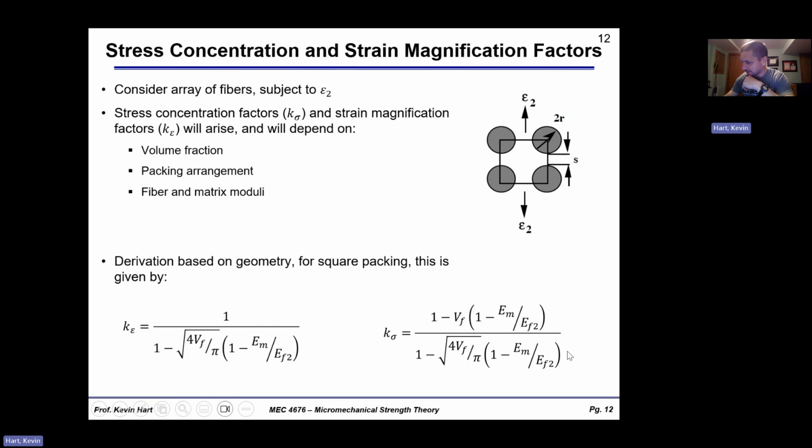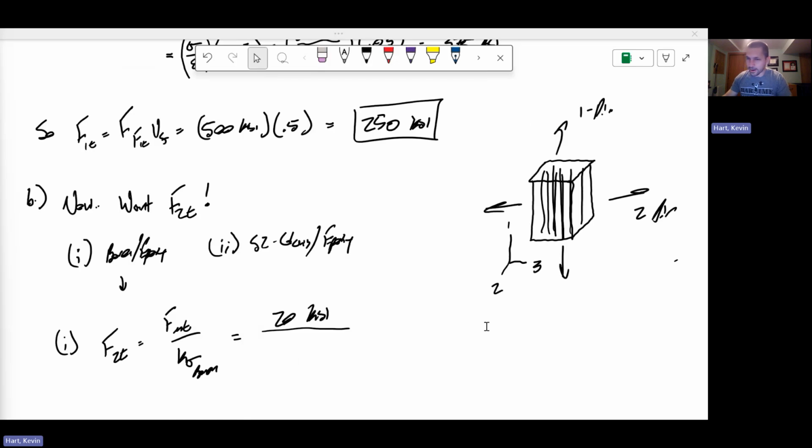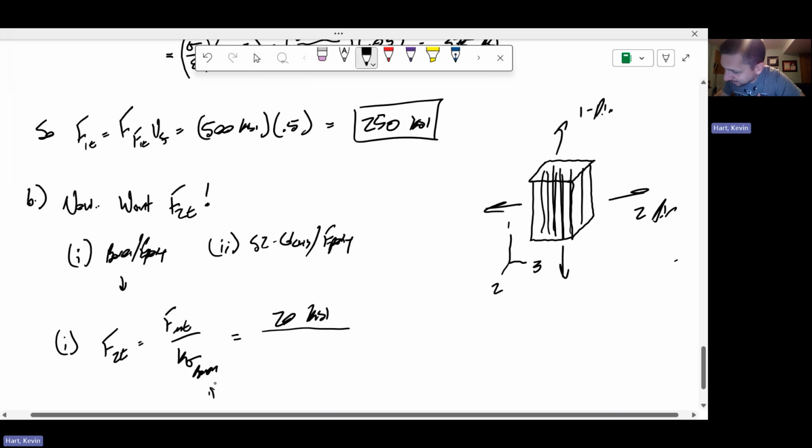So all of these things are known. Volume fraction is 50%. Elastic modulus of the matrix you can get from the graph of the constituents. Elastic modulus of the fiber in the two direction you can get from the graph. So you can calculate K sigma. I think it's going to be approximately 2.